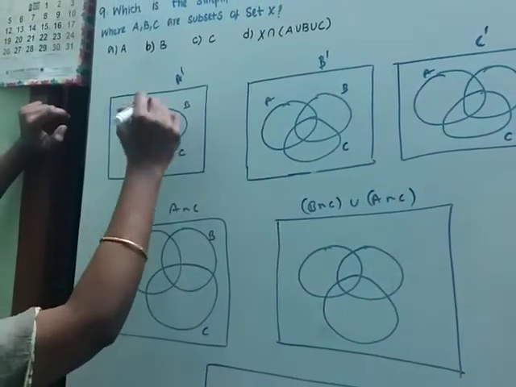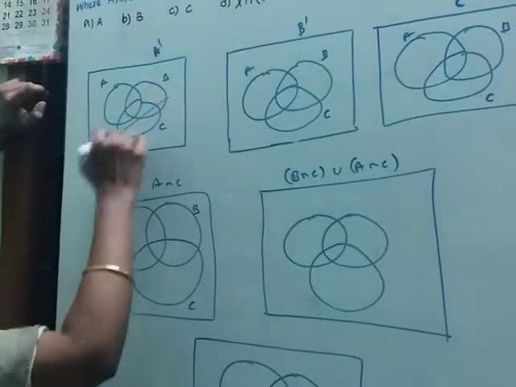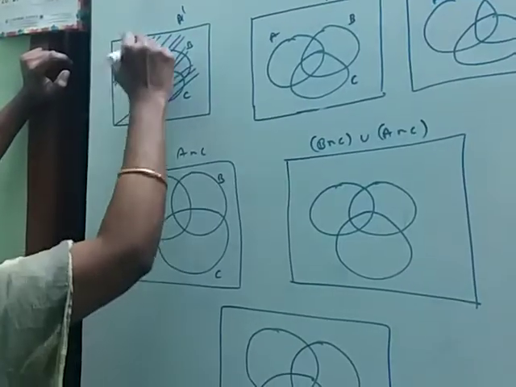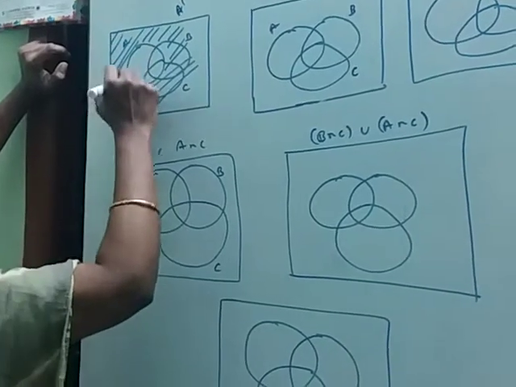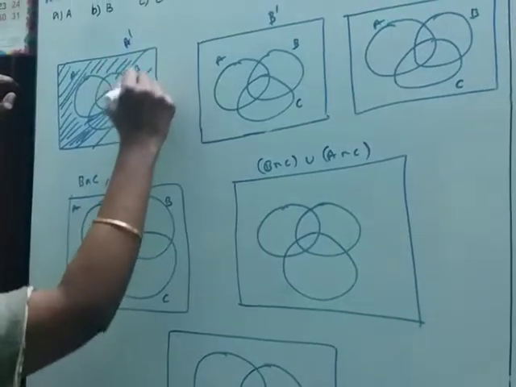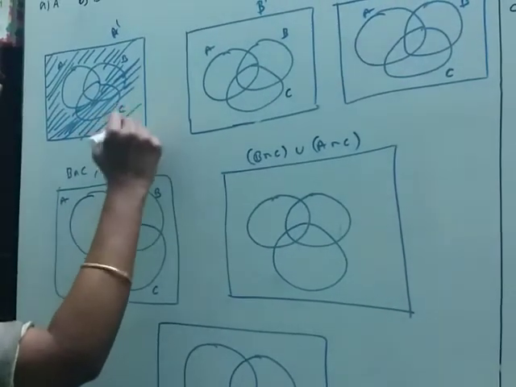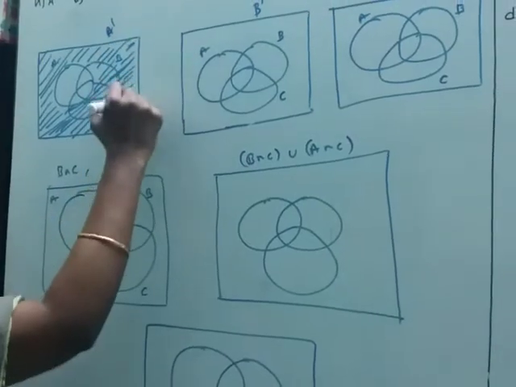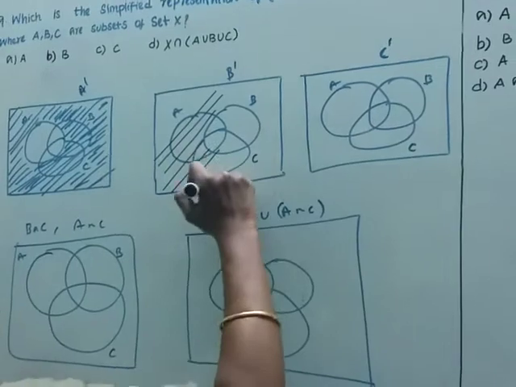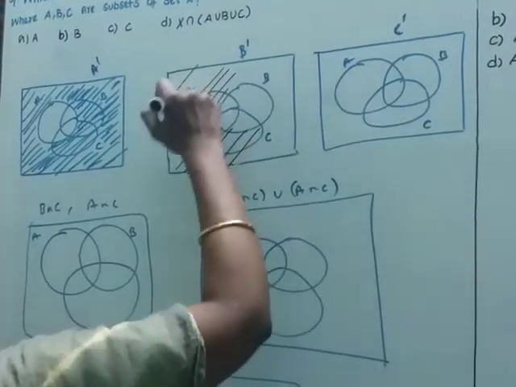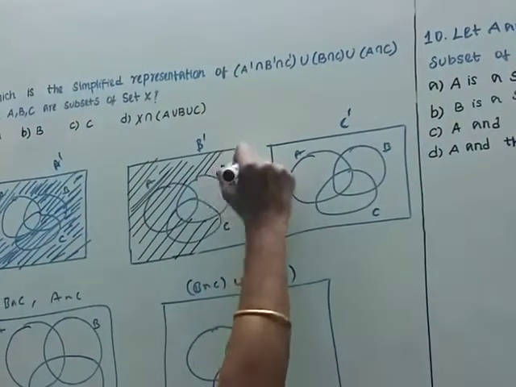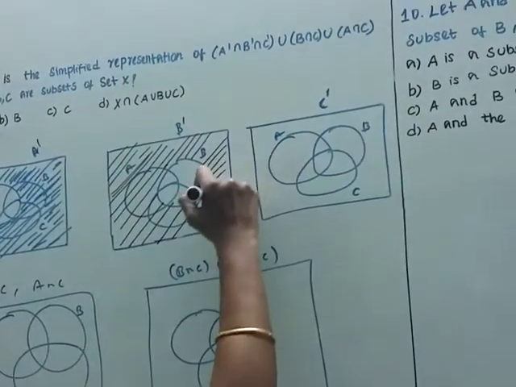A dash means you have to shade all the parts without A. So we have shaded everything except A. Next B. You don't shade set B; the remaining part you have to shade.